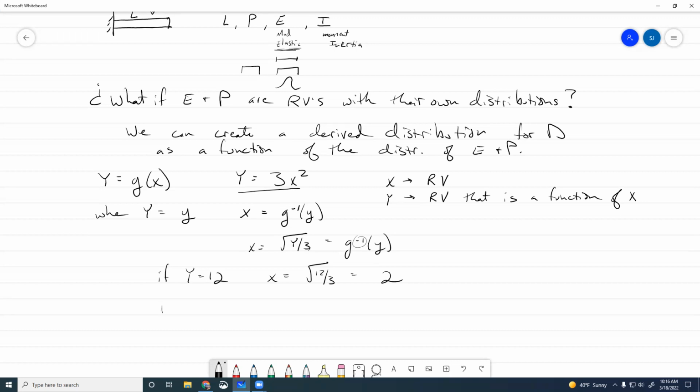So what happens if we want to figure out the probability that big Y takes on some little value y? Well, that's going to be equal to the probability that big X takes on some value, which is a function of y, that inverse function of y. Those two are related.